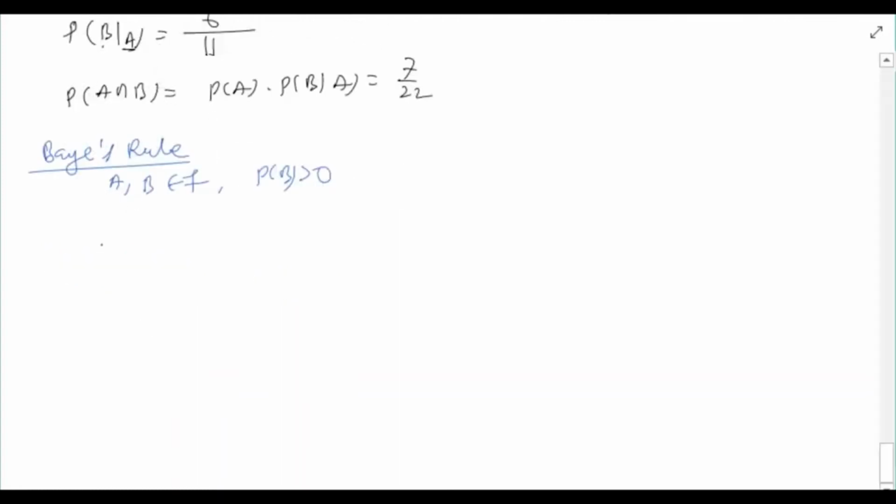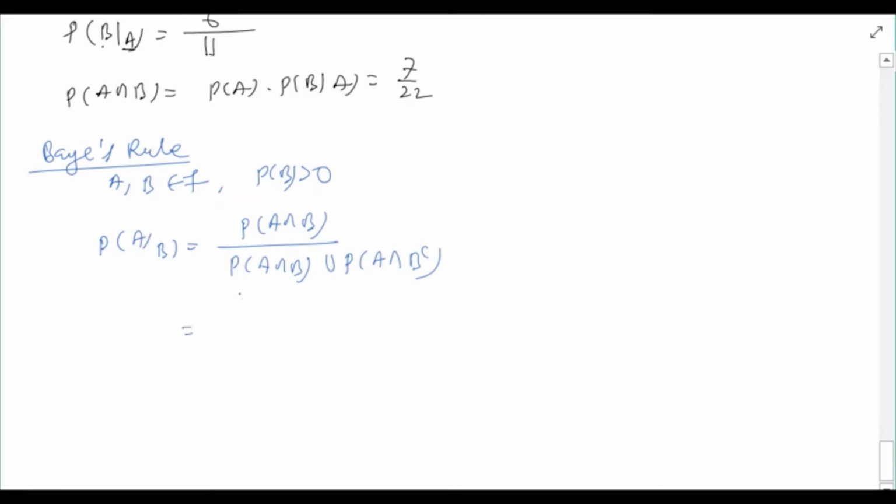Then the probability of A given B is the probability of A intersection B divided by the probability of B, which can be written as the probability of A intersection B divided by the probability of A intersection B union the probability of A intersection B complement.